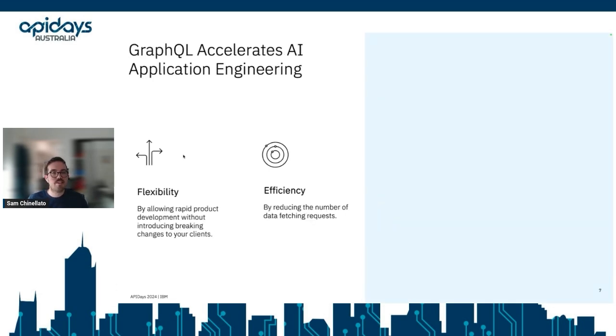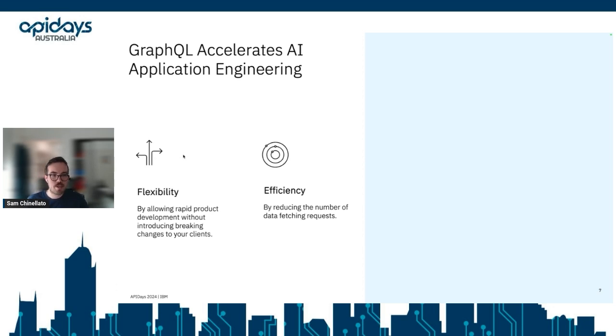GraphQL, in its essence, was developed by Meta to allow and encourage rapid experimentation. And for that reason, it is very good at addressing the first two requirements that we outlined in the previous slide. Flexibility is built from the ground up in GraphQL.